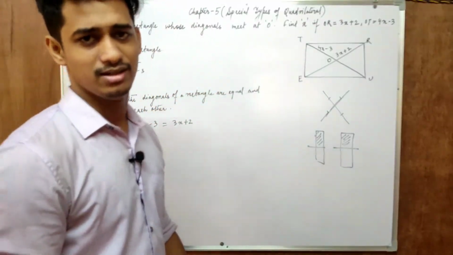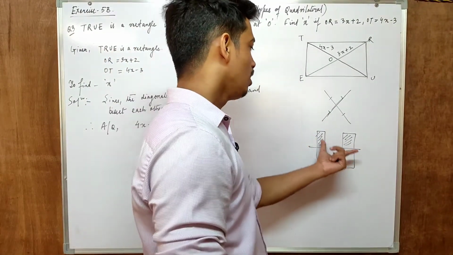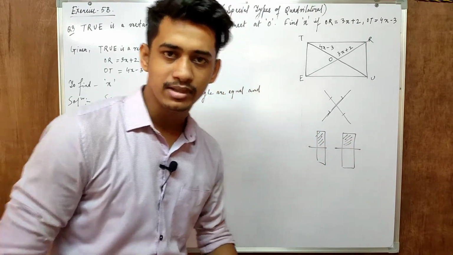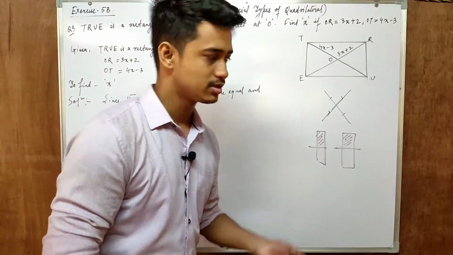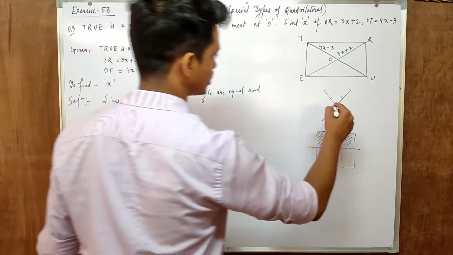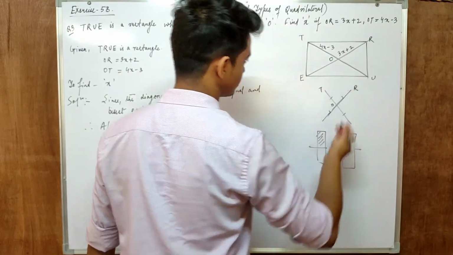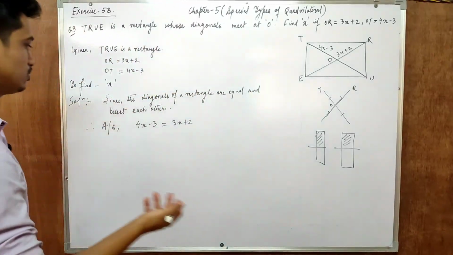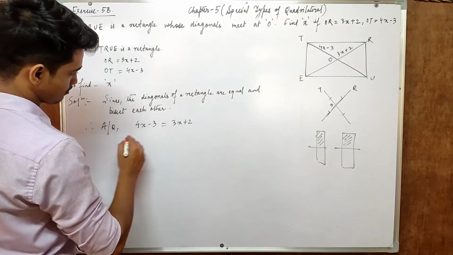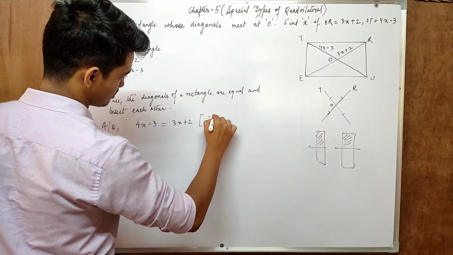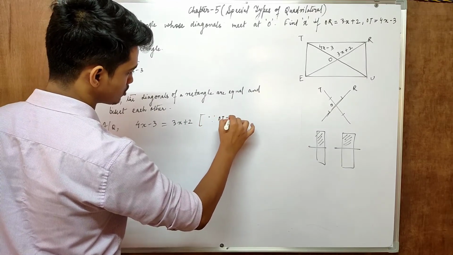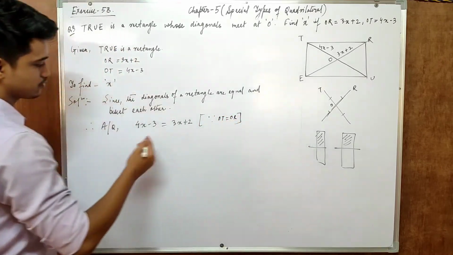Definitely, because the two scales are absolutely the same in measurement. Like that, this particular side, that is OT, is equal to OR in case of a rectangle. So we write OT equal to OR, and just find the answer.